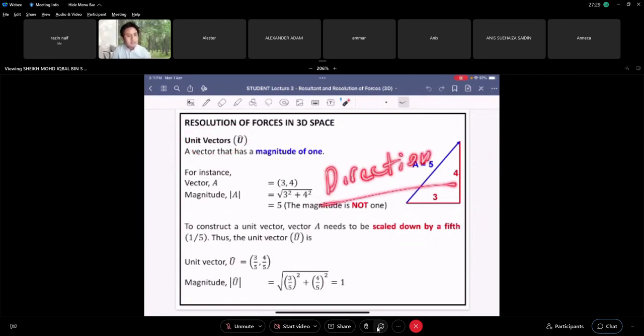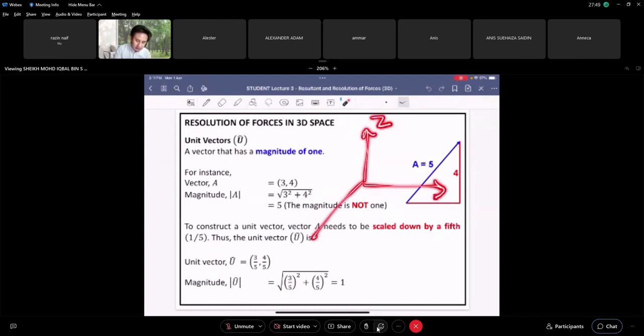Why is this unit vector important? Because it's in 3 dimension, not 2 dimension. 2 dimension is pretty easy, there's a y plane and an x plane. But in 3D, you can get lost in space. Granted, it's still easy for you. This is the z-axis, this is the x-axis, and this is y.